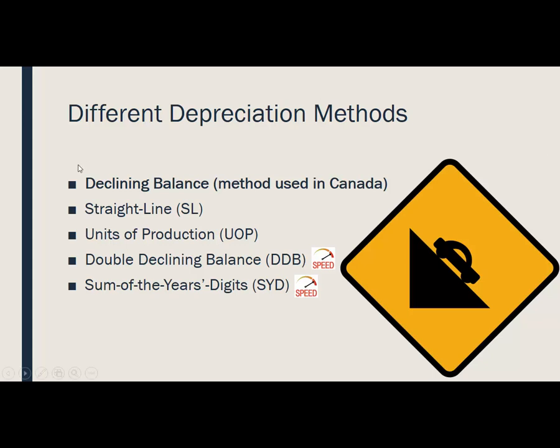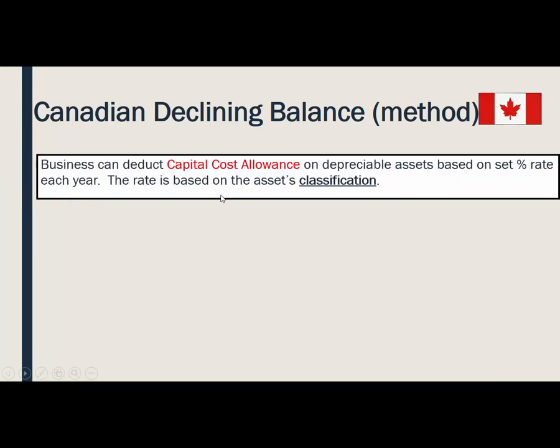For the sake of our course, we will be using the capital cost allowance method, so the declining balance method, which we will go through in a second. So the Canadian declining balance method. A business can deduct capital cost allowance on depreciable assets, so those capital assets, based on a set percentage rate each year.